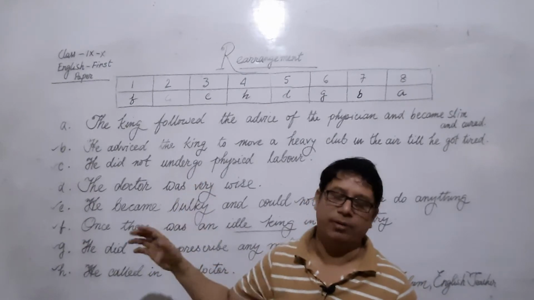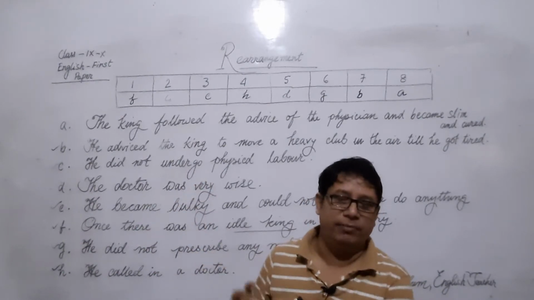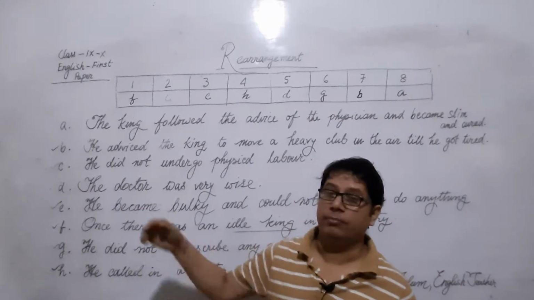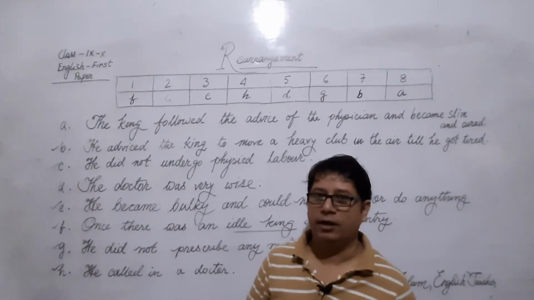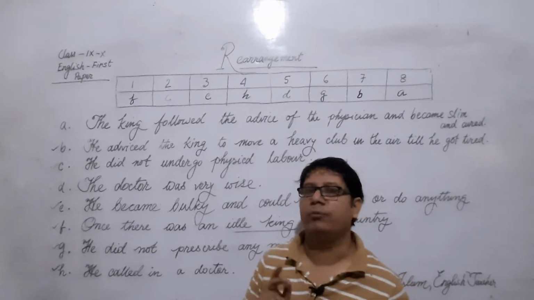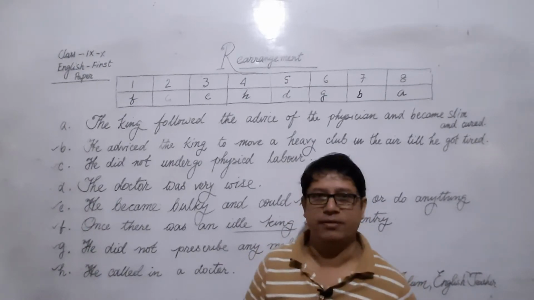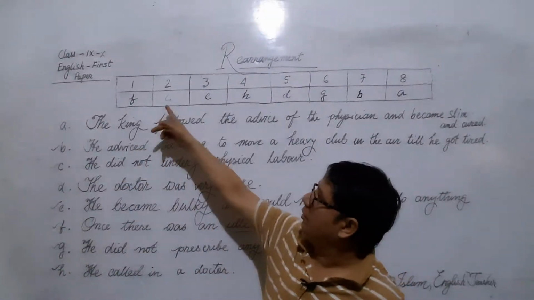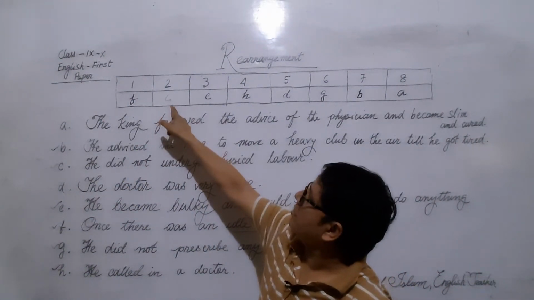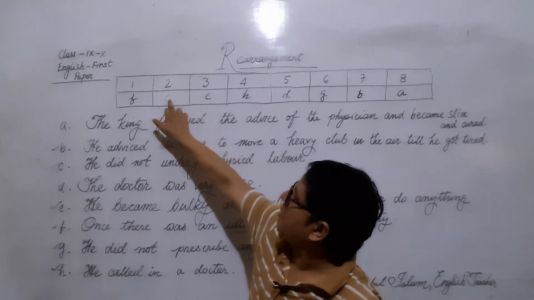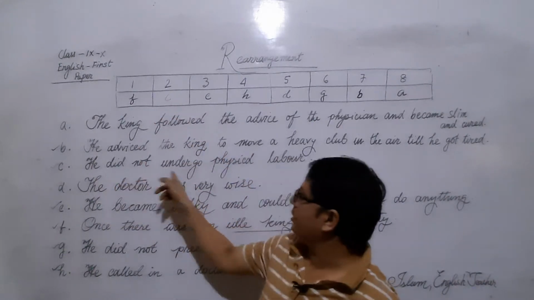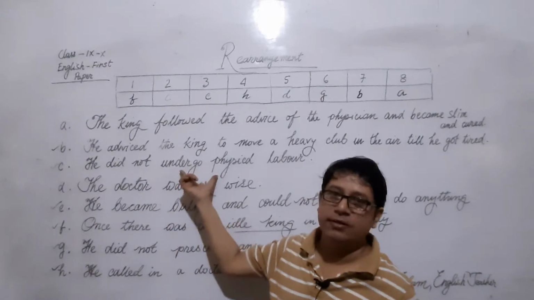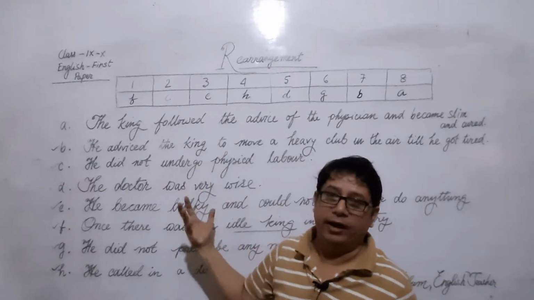Story activities come always: once upon a time, there was a king, there was a man, like this. After that, another important piece of information is the second sentence. What did he do is the next sentence. So here we see this C sentence, he did not undergo any physical labor.